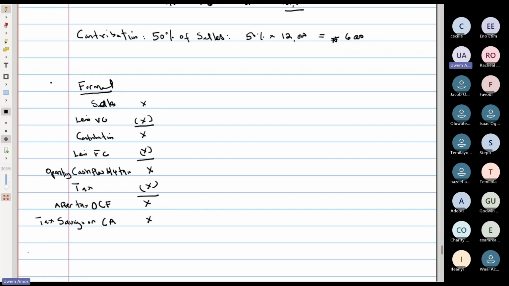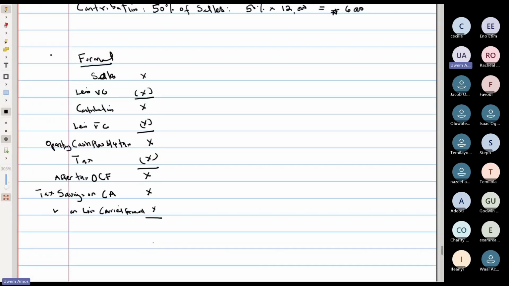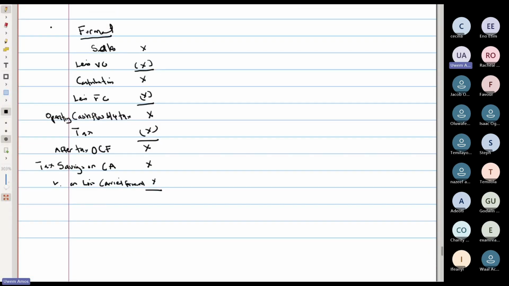If you have loss carried forward, you can have your tax savings on loss carried forward. So whatever that is, and that gives us our net cash flow.